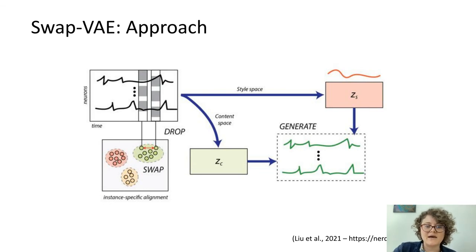This is recent work, and I have references here if you're interested, called Swap-VAE, which essentially combines these self-supervised methods for neural activity with a VAE to hopefully get the best of both, where you can see the things that are stable and common across local views, while also having a full range of variability necessary to actually generate realistic neural activity.